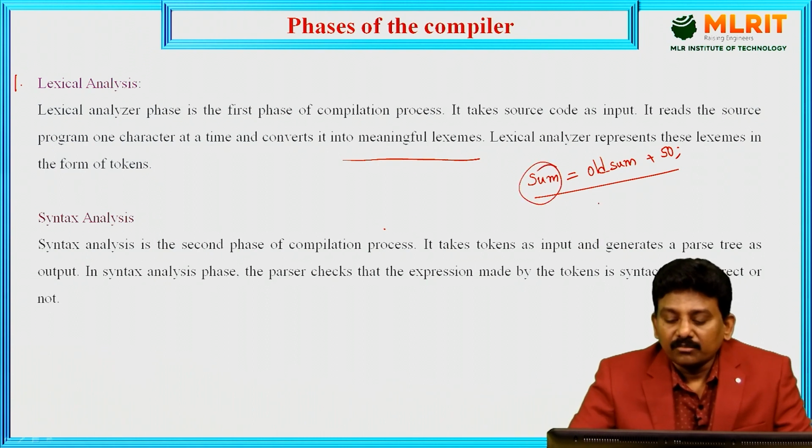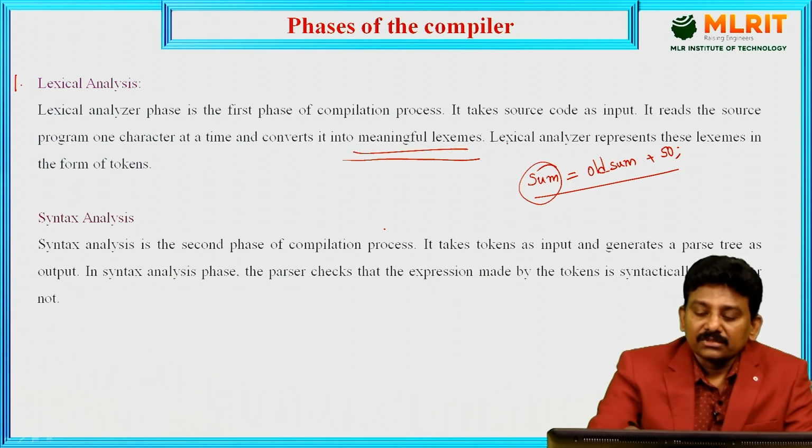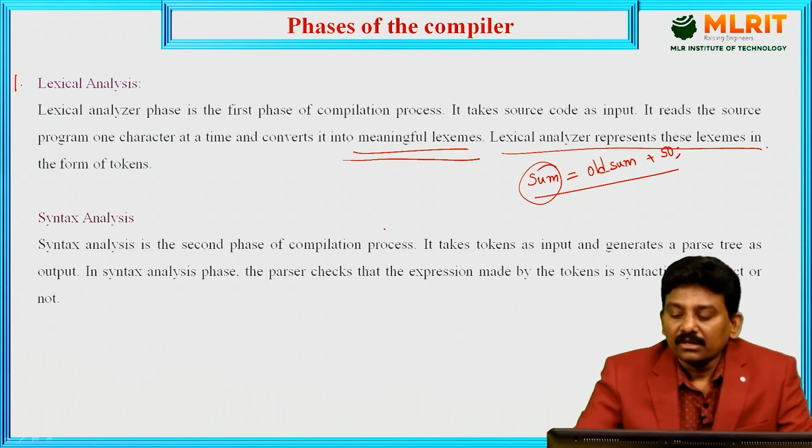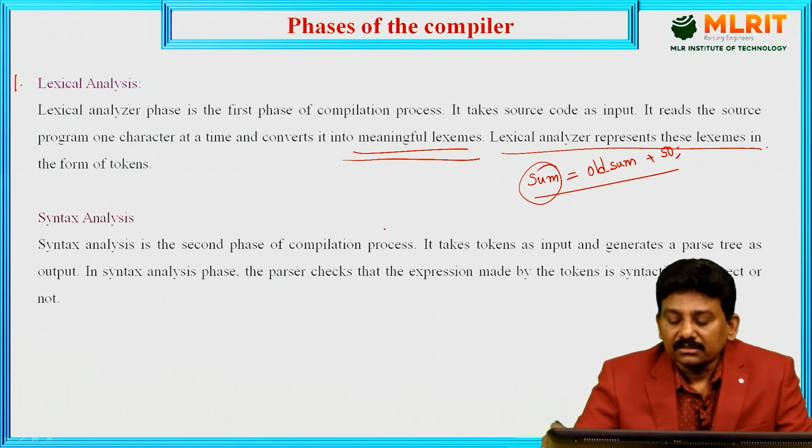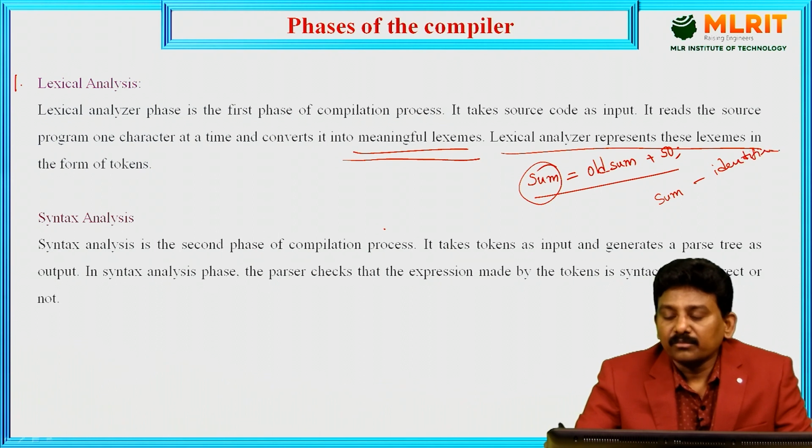Here sum is a meaningful word, a lexeme, old sum is a lexeme, plus is an operator, 50 is a number, like that. So, it will find the meaningful lexemes. These lexemes are represented in the form of tokens. Here sum is an identifier. So, here identifier is a token.